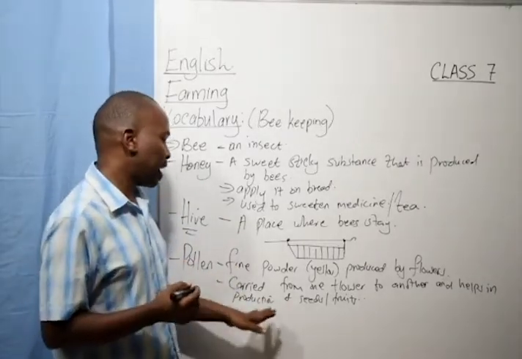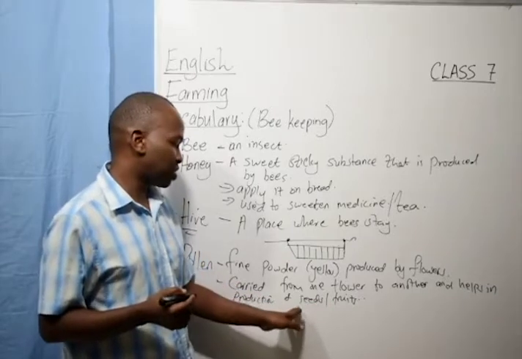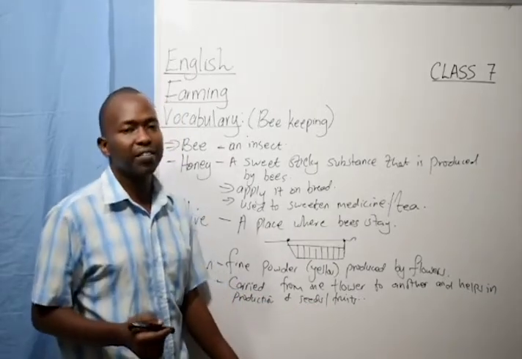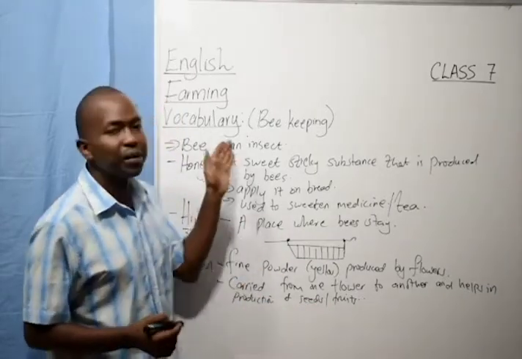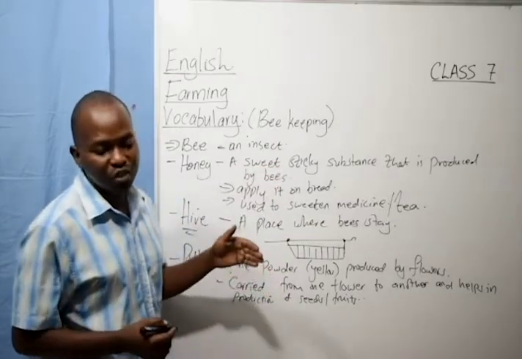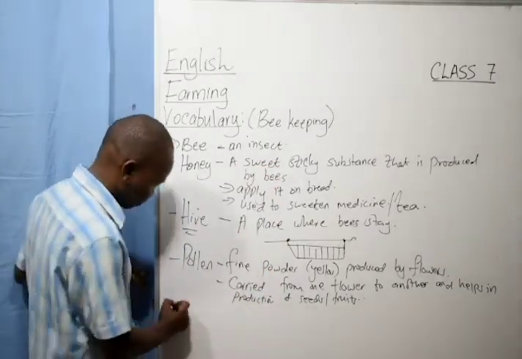So the pollen helps in the production of seeds and fruits. So pollen is very, very important. They have said that bees act as a major transporter of this pollen.